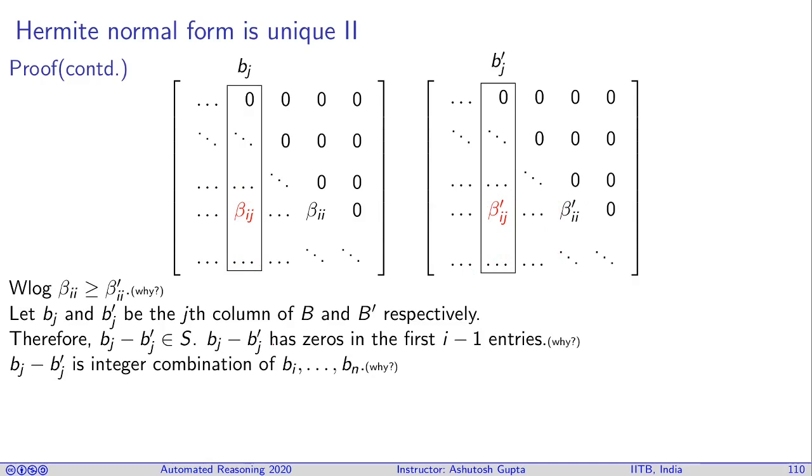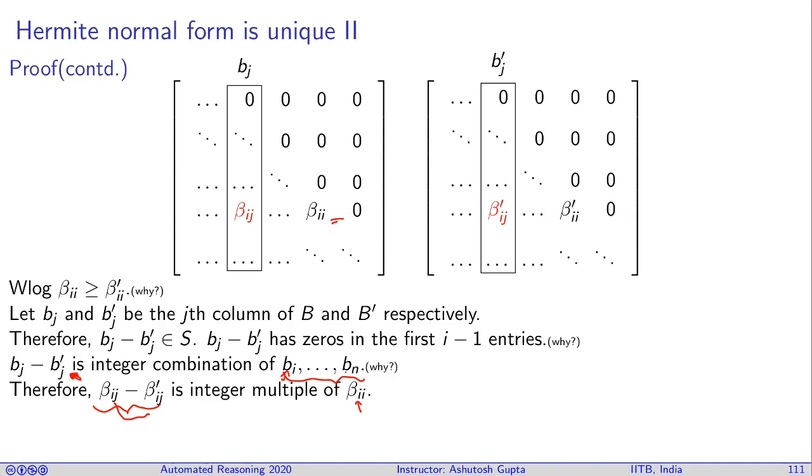So the difference is a linear combination of bi to bn. Only these vectors, or you could say the other side also, but just for building the argument we choose one side only. Now we take bij minus b prime ij. Since this is generated by these vectors, and among all these vectors only bi has a non-zero value at the top row, the difference of these two must be an integer multiple of bii.